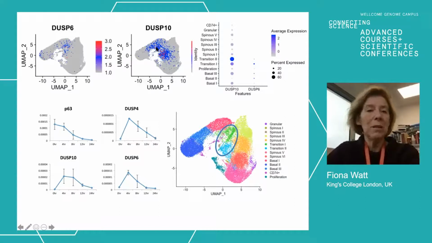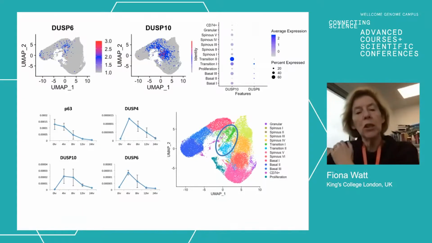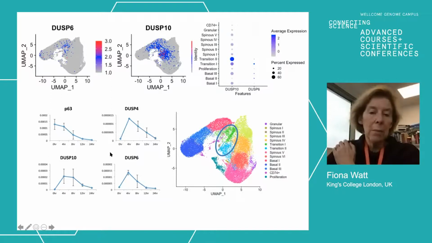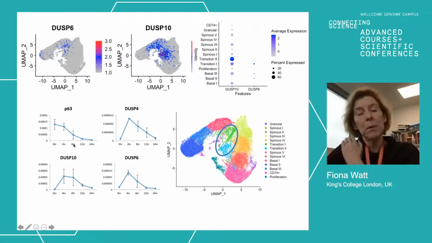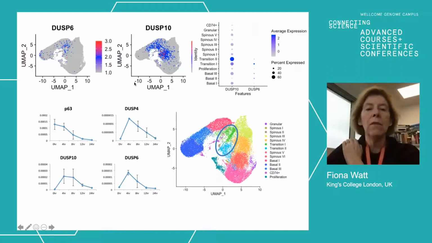What's even more pleasing about the data is that in experiments that we'd done in vitro, we had predicted that as you push cells from the stem cell compartment where p63 is expressed into the differentiation compartment, there's transient upregulation of DUSP6 and DUSP10, but the upregulation of DUSP10 lasts longer than for DUSP6. And that's completely consistent with the wider spread of DUSP10 than DUSP6 that you can see here.